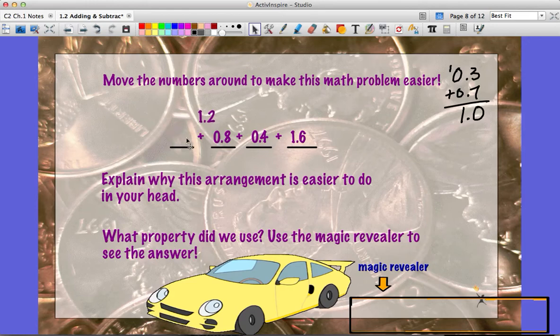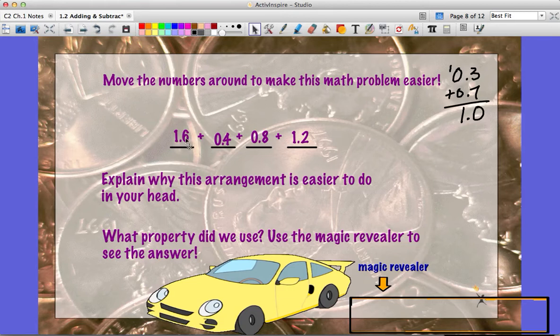So you could have it like this, or you could have these numbers first and these numbers second. It doesn't matter as long as you paired these two numbers together and these two numbers together. Right. So I want you to think about why this made it easier to do in your head.